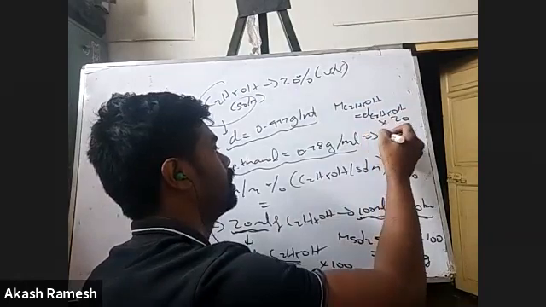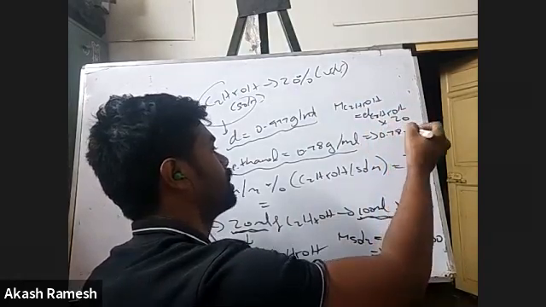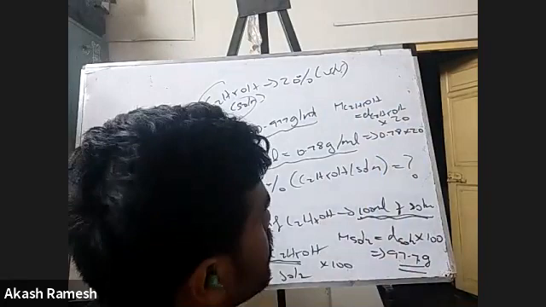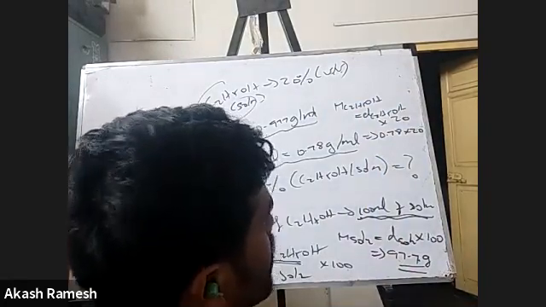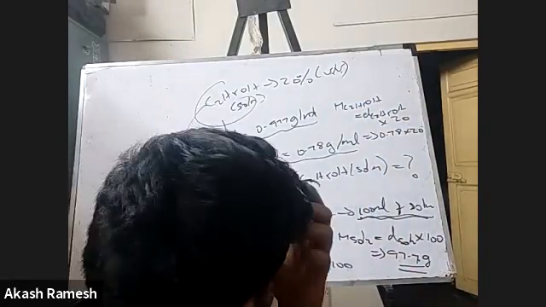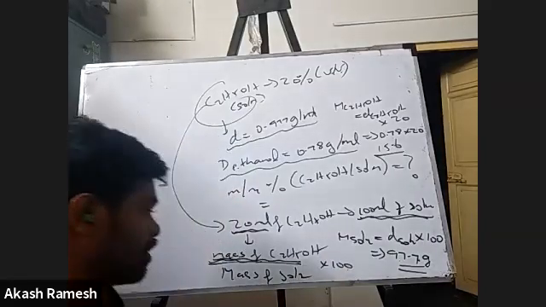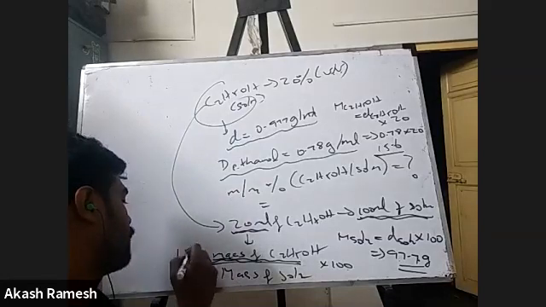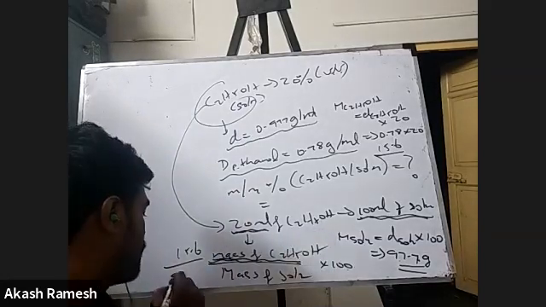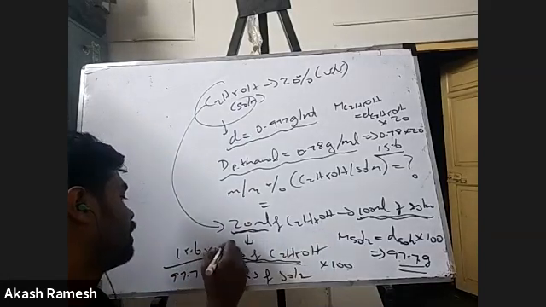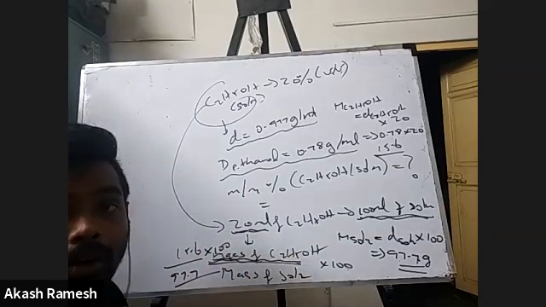So it's going to be 0.78 into 20. 0.78 into 10 will become 7.8, and 7.8 into 2 will become 15.6. So that's it. Now you got both the values: 15.6 divided by 97.7 into 100. And this is how you do the problem.